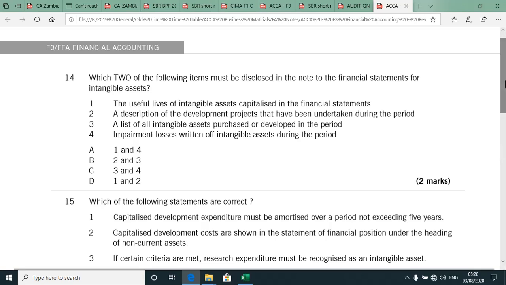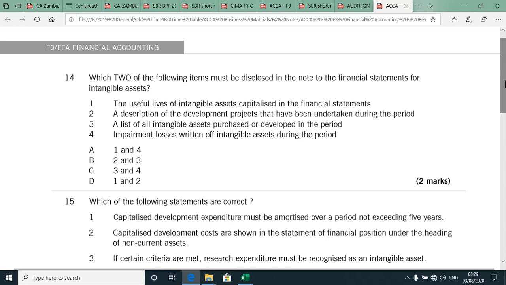14 says, which two of the following items must be disclosed in the note to the financial statements for intangible assets? Coming out of IAS 38. 1, the useful lives of intangible assets capitalized in the financial statements are disclosed. Perhaps that can be. And then 2 says a description of the development projects that have been undertaken during the period. Of course, we might have a question on materiality there.